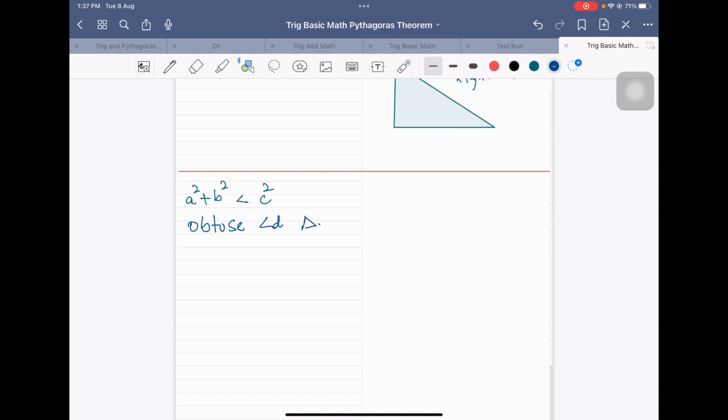So it may look like this. One of the angles, as you can see, this angle is obtuse.